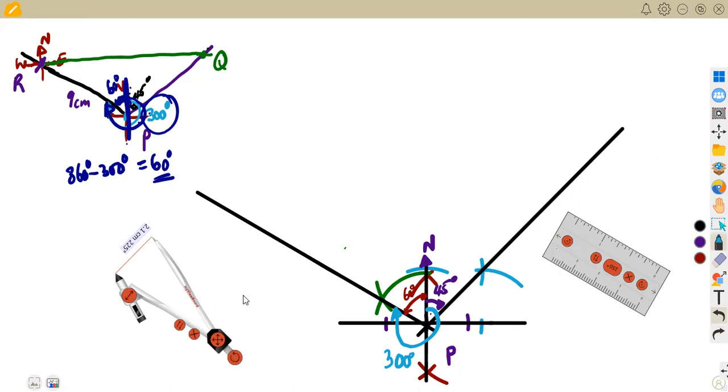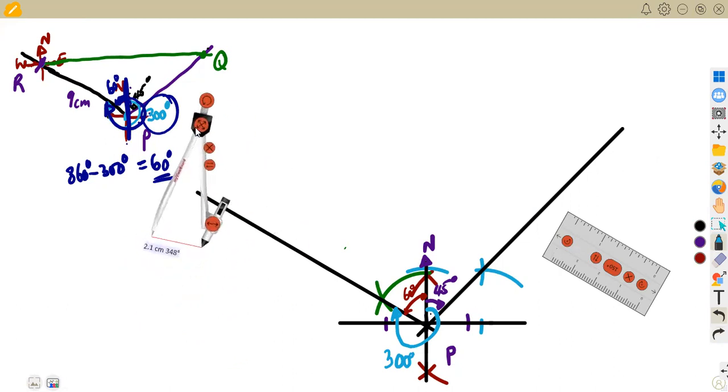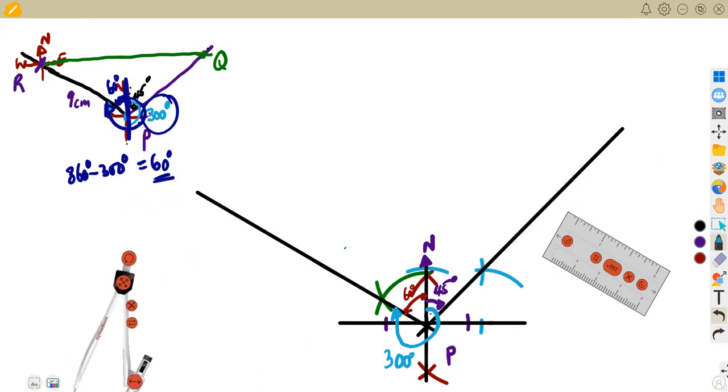And we are also given the distance there. We are given that from P to R, because we do not know where R is, but we can take advantage of this distance. From P to R, it's 9 centimeters.